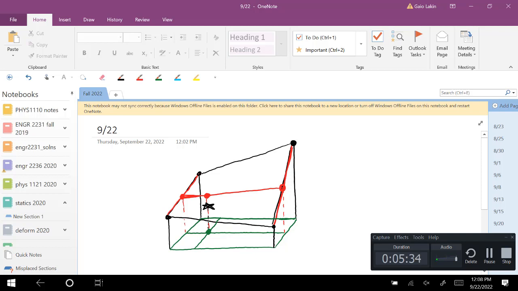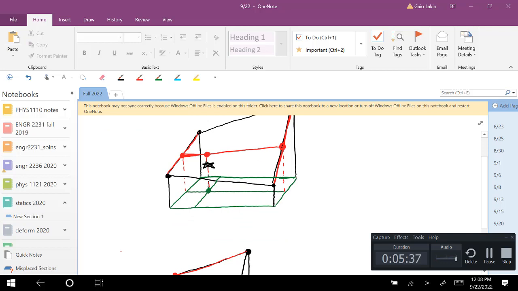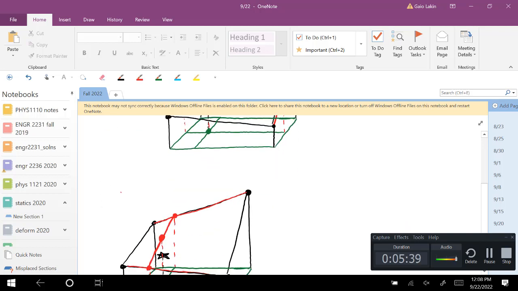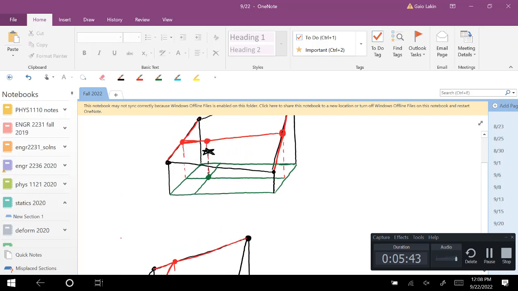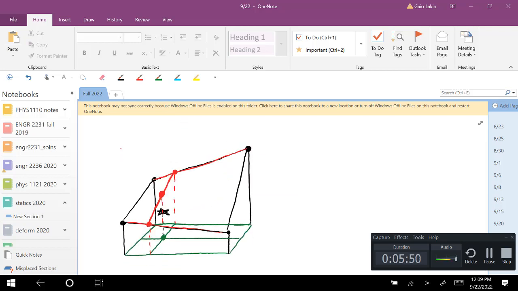If it's a parallelogram, they'll be the same. But if it's really far from being a plane, then it's not going to be the same. Okay, so that's that.